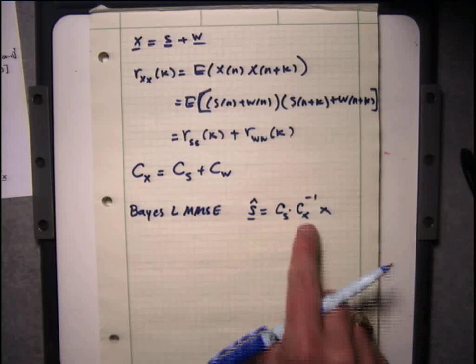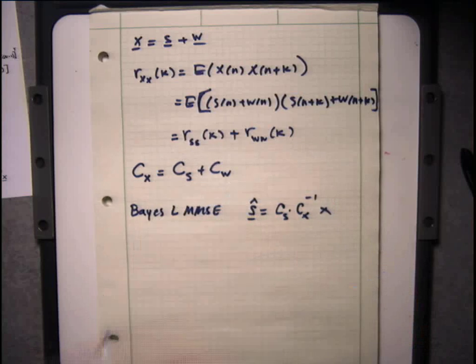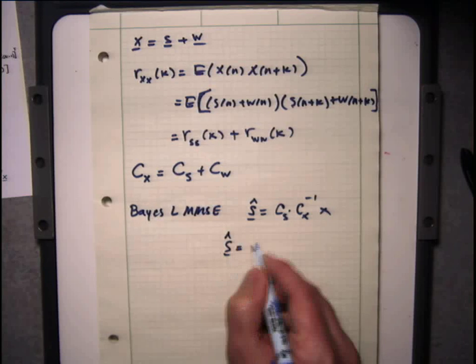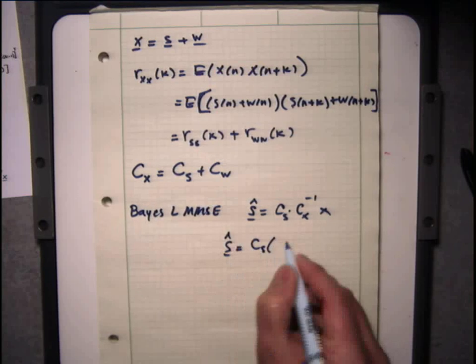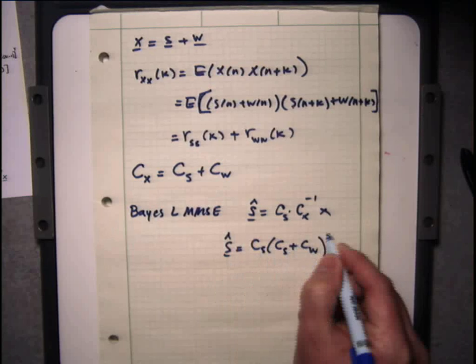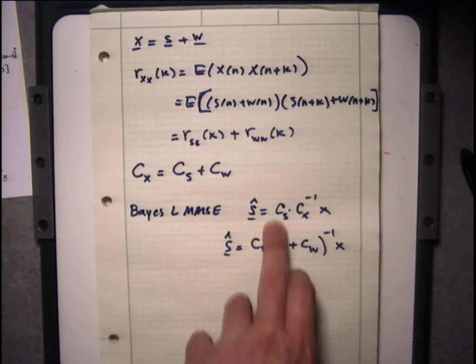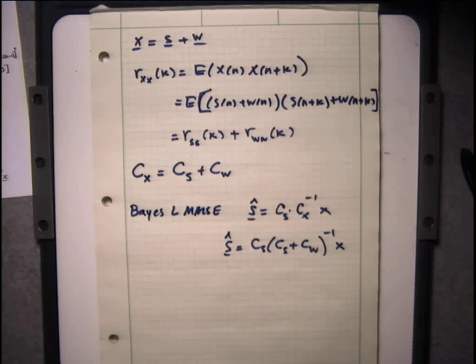But then this CX is given by this quantity. So my estimate would be S hat is CS times CS plus CW inverse times X. Okay? Let me talk about where this comes from.